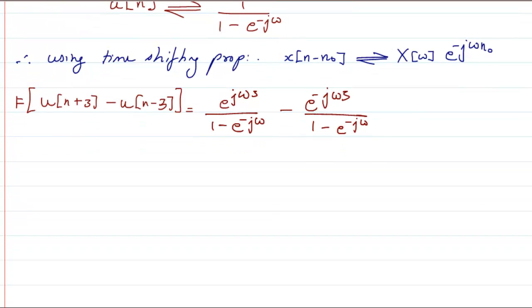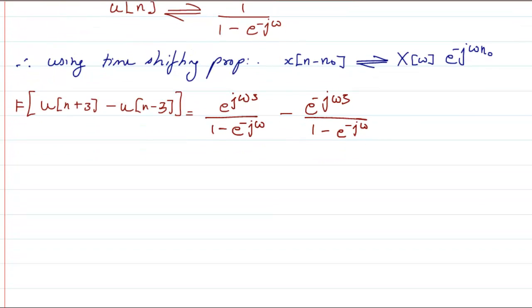Now here I can write this totally as e raised to power j 3 omega minus e raised to power minus j 3 omega divided by 1 minus e raised to power minus j omega.